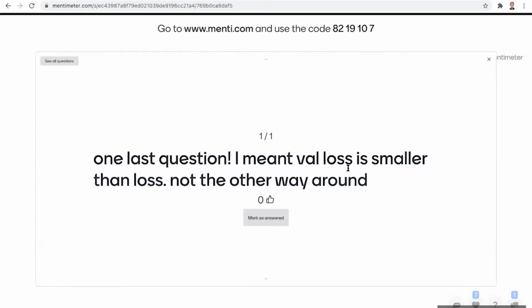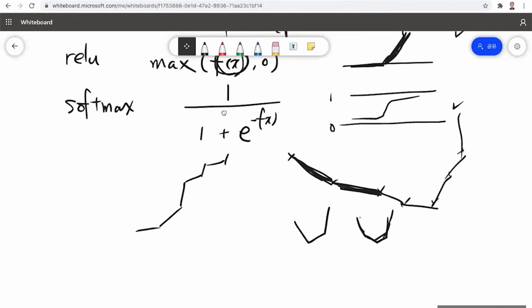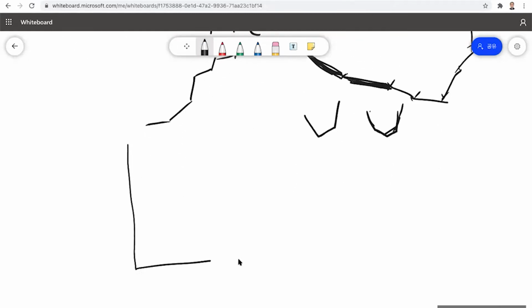And actually, it's possible because if you look at your loss function, it is not always decreasing. Sometimes it is increasing and decreasing and moving something like this. And it is also possible that your validation loss is lower than your model's loss, and sometimes it is bigger and lower.